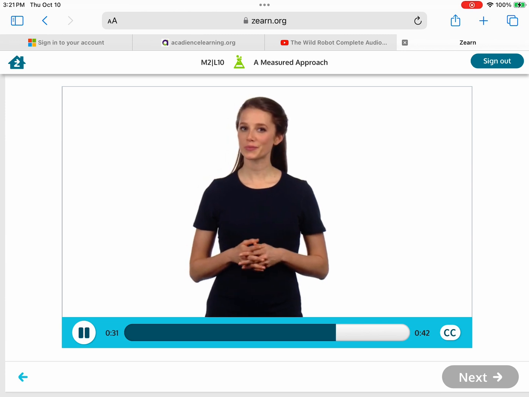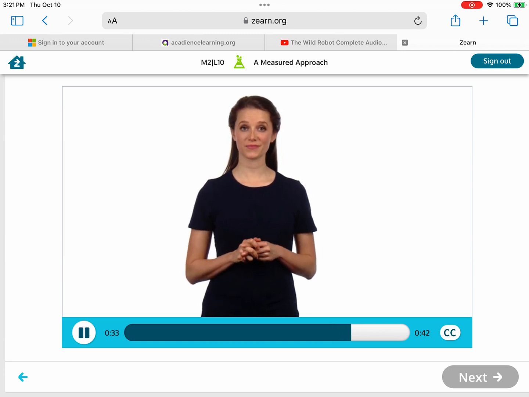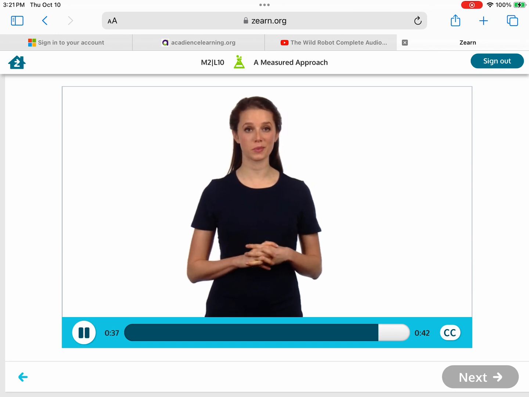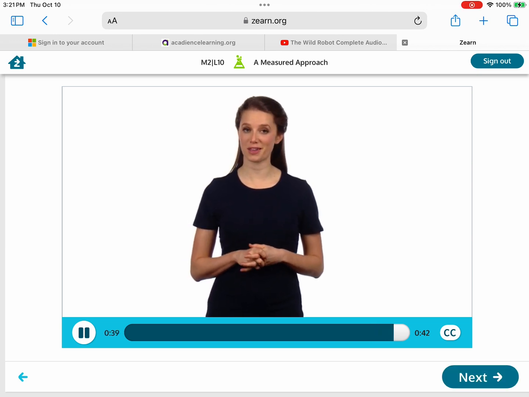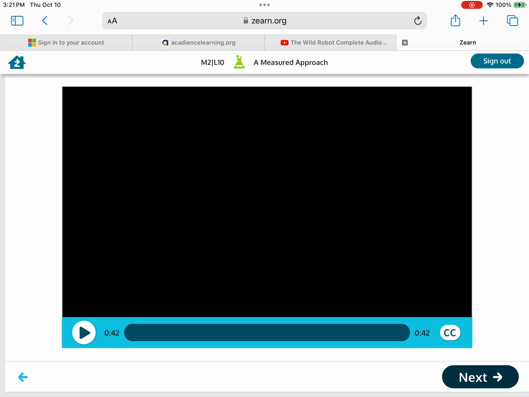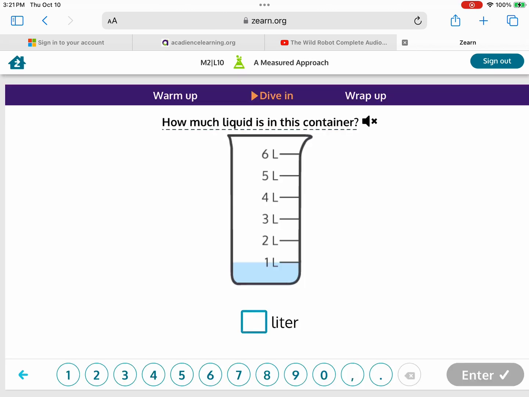Let's look at a few more. Read the directions closely. In some of these, the question asks for exactly how much water is in the beaker. In others, you'll estimate. Go for it. How much liquid is in this container?